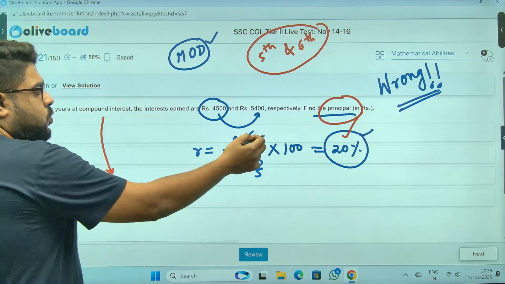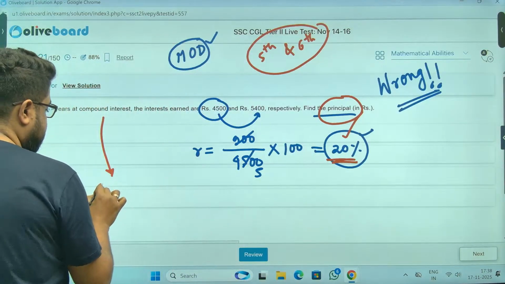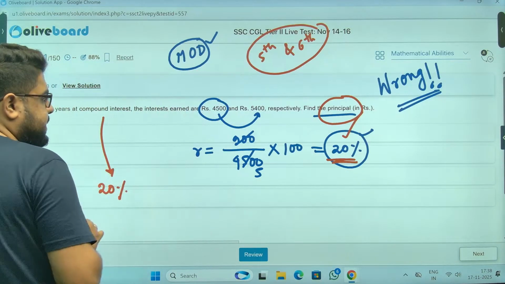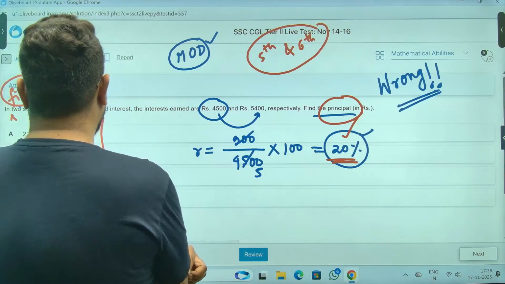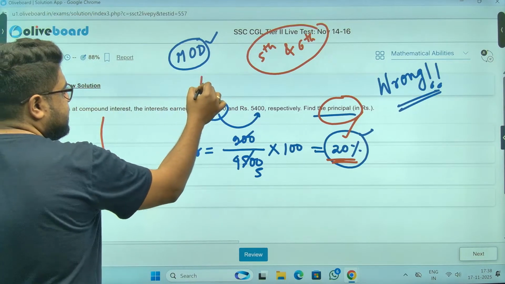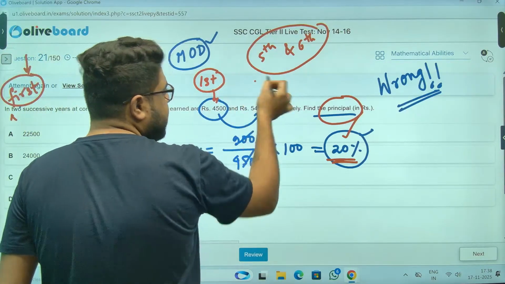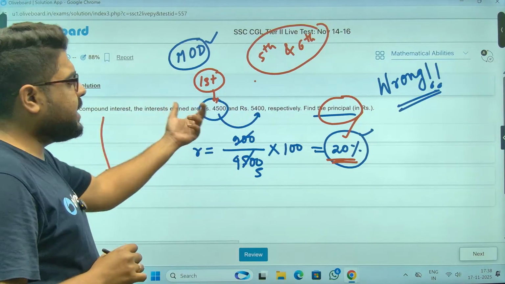So 20% is this. First 2 years means this is the first year's interest and this is the second year's interest, or interest after 2 years. So we only need the first year's interest.